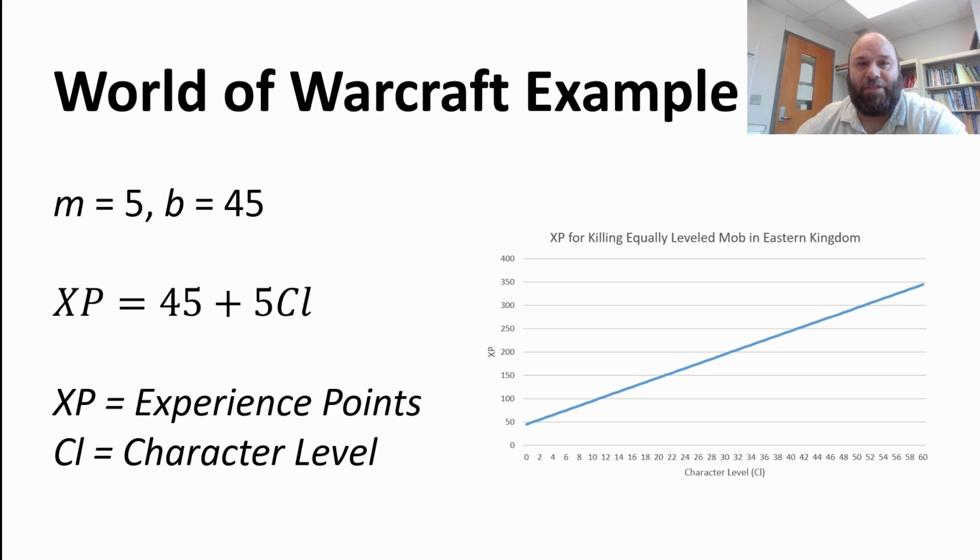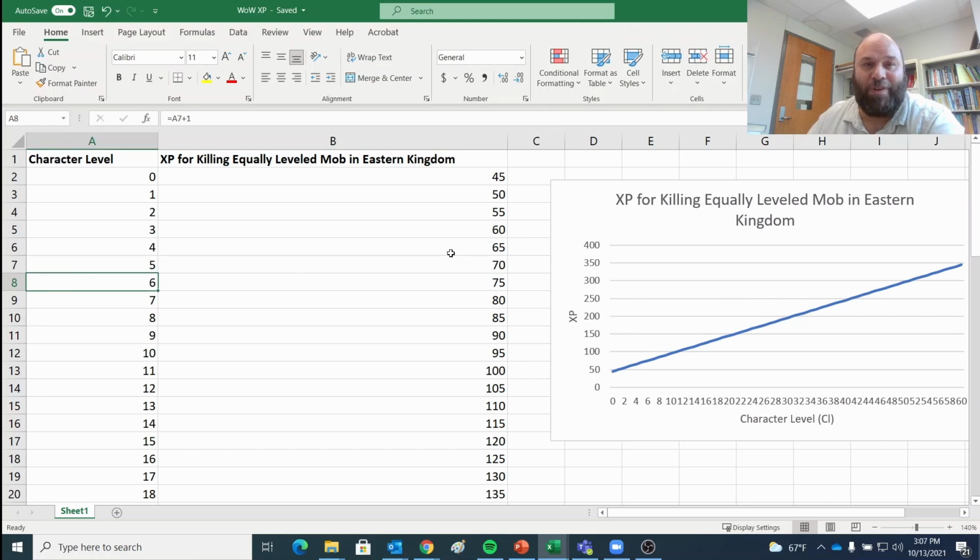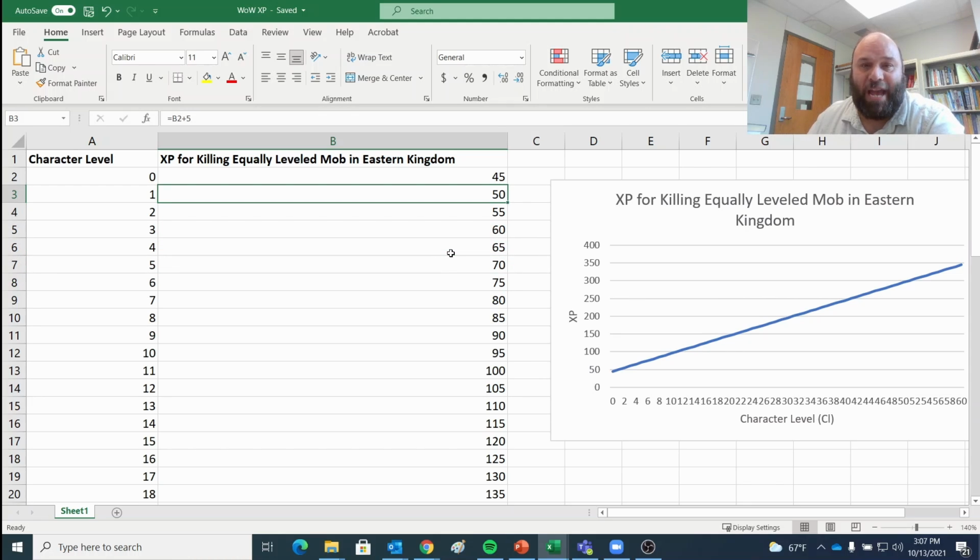Let's take another look at this example, and we're going to go back to the data we generated in the spreadsheet. In the spreadsheet, as I mentioned earlier, we generated these data recursively, but now we can think about what this means. So here's my x value, character level. Here's my y value. How would we get this y value? We start at 45, and then we kept adding 5. How many times did we add 5?